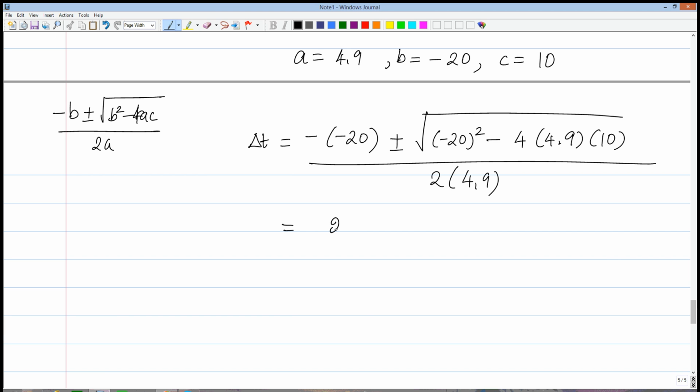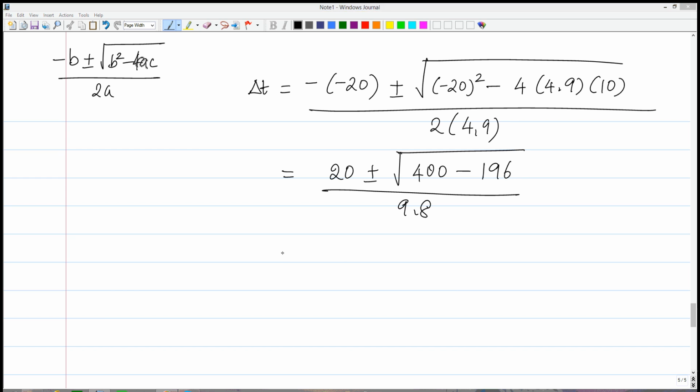So now this gives us 20 plus or minus square root of 20 squared, which happens to be 400, minus 4 times 4.9 times 10. Now this gives me 196, all divided by 9.8.